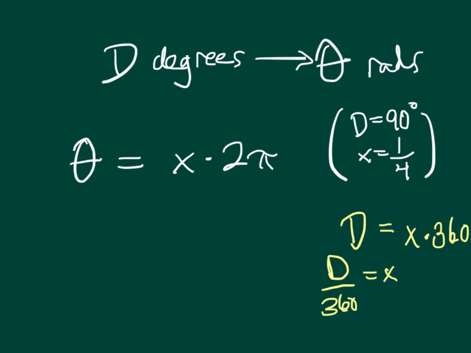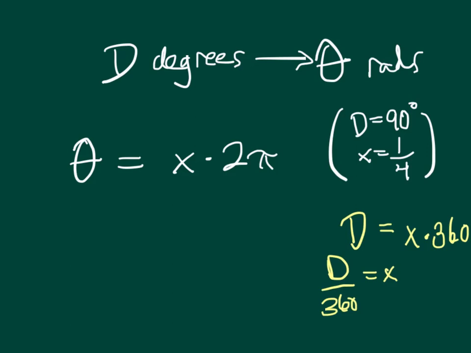Notice that in both spaces, the angle that I'm dealing with is some fraction of the total. The only difference is that 2 pi is the total with radians because it's the circumference of the unit circle. All right. We're almost there.